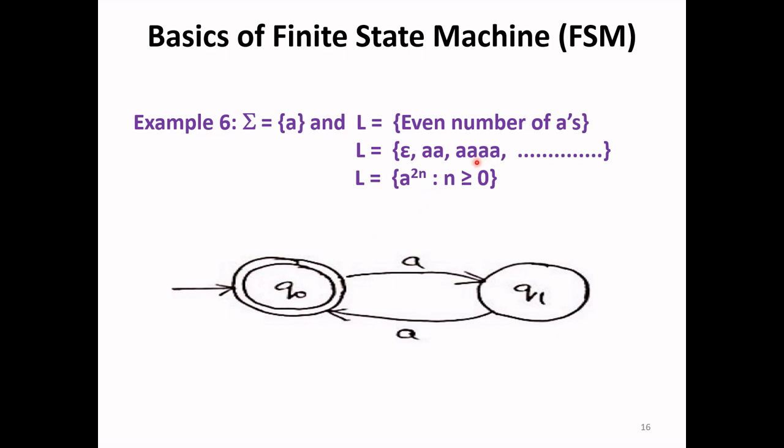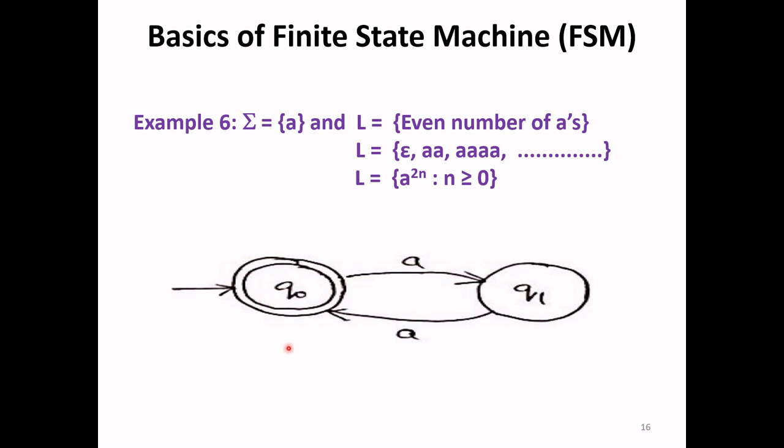Similarly, let us take one more string, 4 A's. Start with initial state Q0. First A from Q0 goes to Q1. Second A goes to Q0. Third A to Q1 and fourth A back to Q0. And here Q0 is the final state, so the string is accepted.